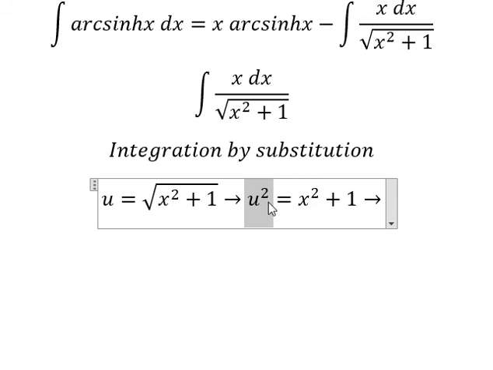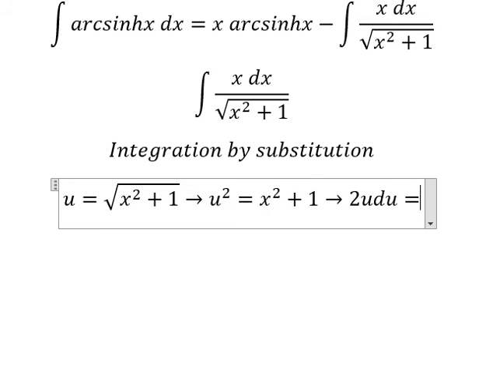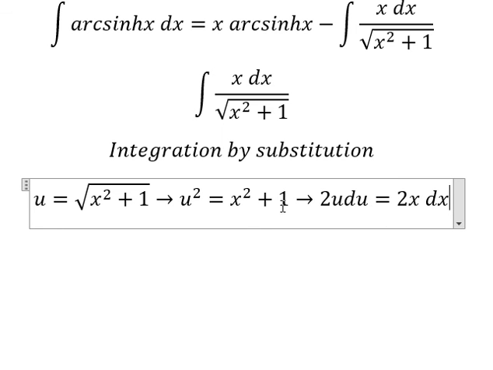First derivative of u squared, we have 2u du. First derivative of x squared, we have 2x dx. This one is the constant, so we get 0 in here. Next, we divide both sides by number 2.